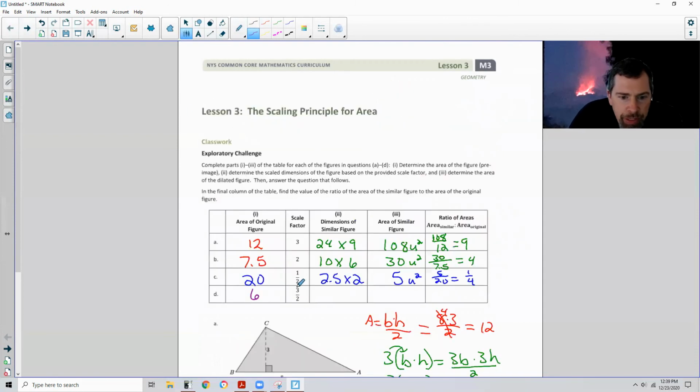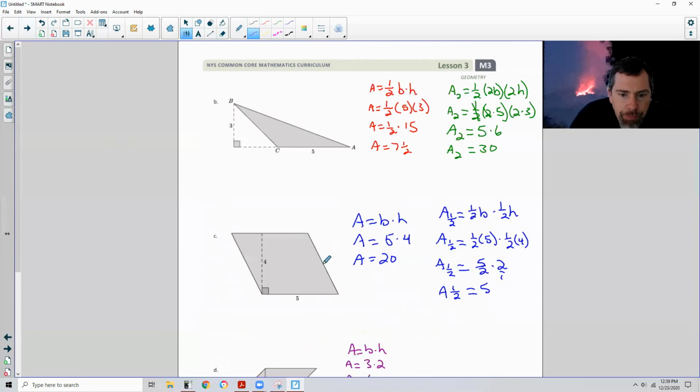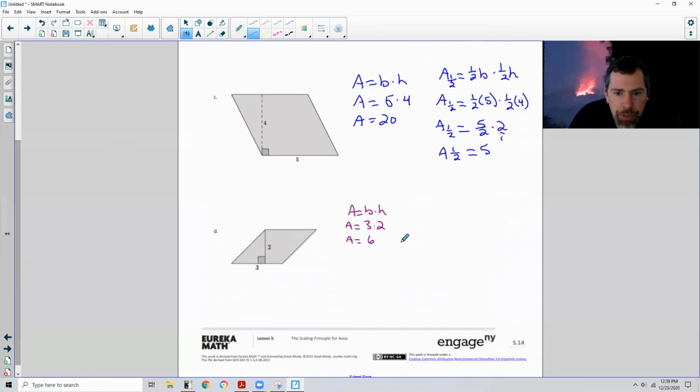And this time we're scaling by 3 halves. So to scale this by 3 halves, I would say the area of a scale of 3 halves would equal 3 halves times the base times 3 halves times the height.